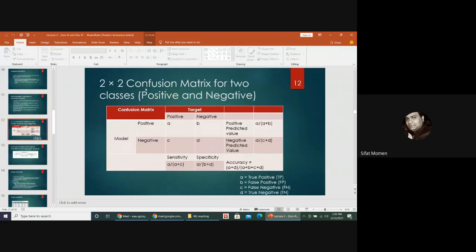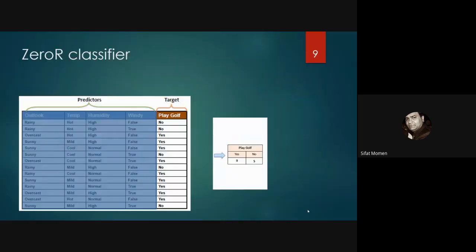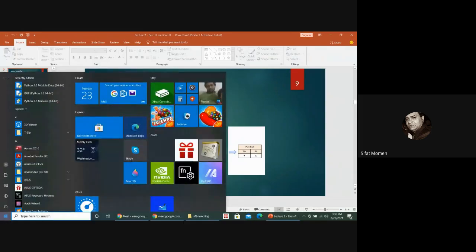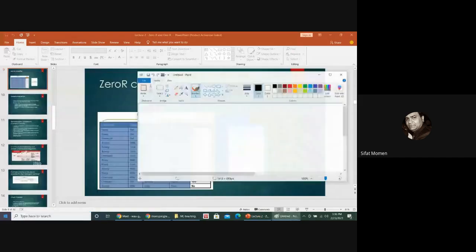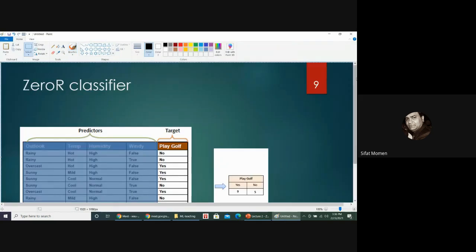In order to understand that, let me take a snapshot of this screen, and let's go to Paint. Let me show you the confusion matrix. This is what we have.